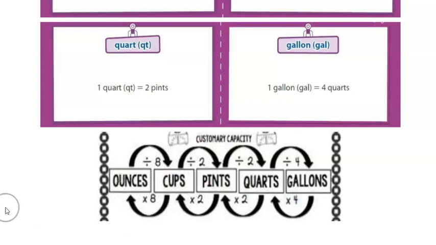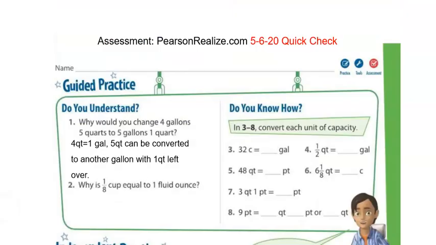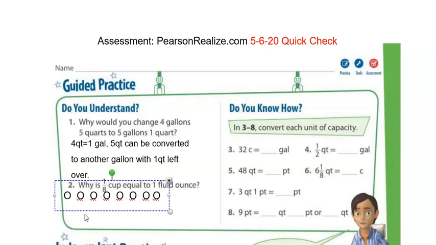So 1 cup can be divided into 8 equal parts, which means that each part equals 1 fluid ounce. We'll do circles: 1, 2, 3, 4, 5, 6, 7, 8.